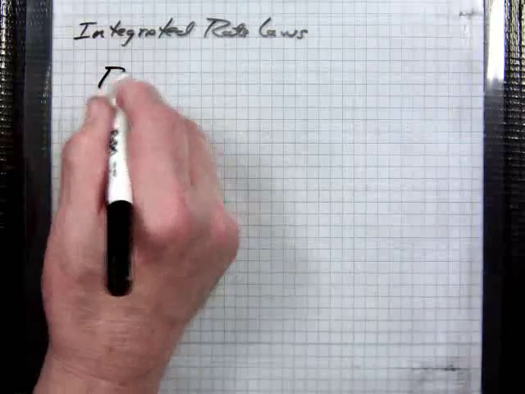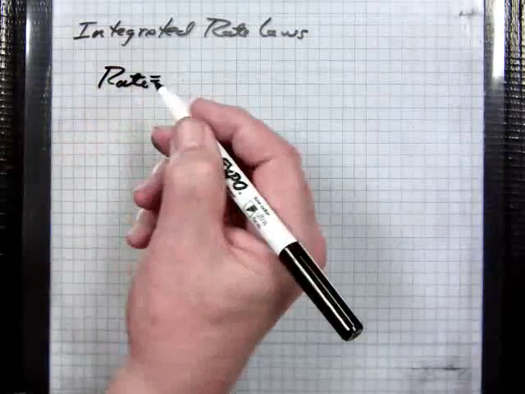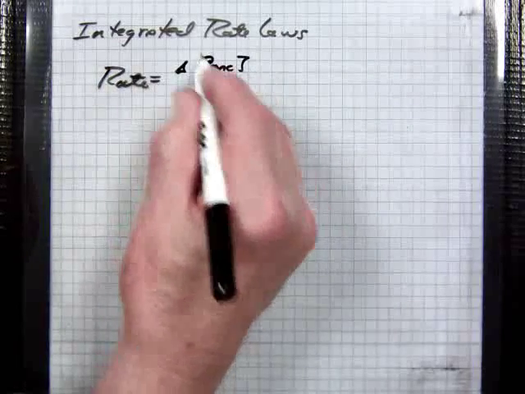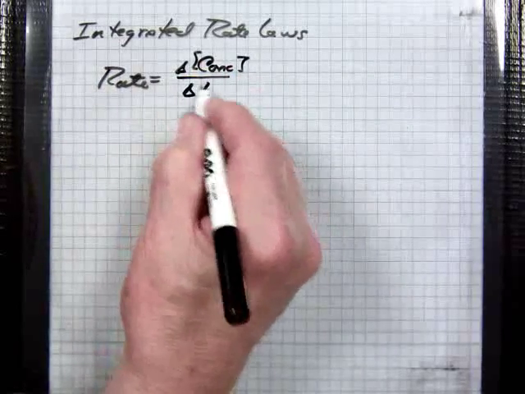So when we look at the idea of integrated rate laws, we start with the definition of rate and connect that definition with the empirical rate law, and then set up an integration to determine concentrations against time. Rate is essentially given as a change in concentration over change in time.